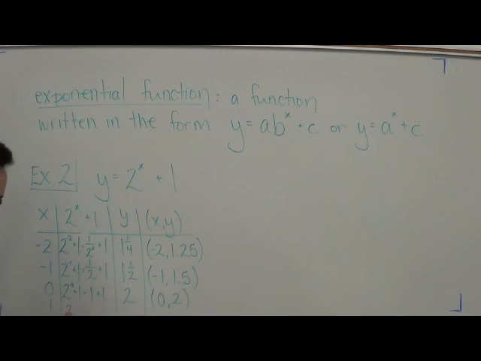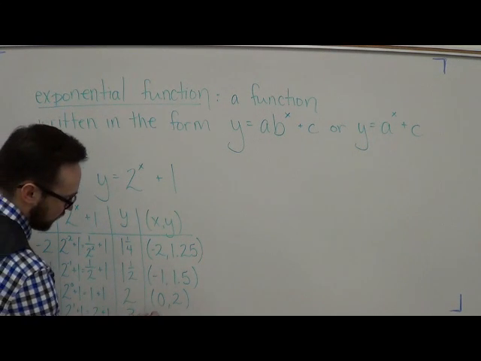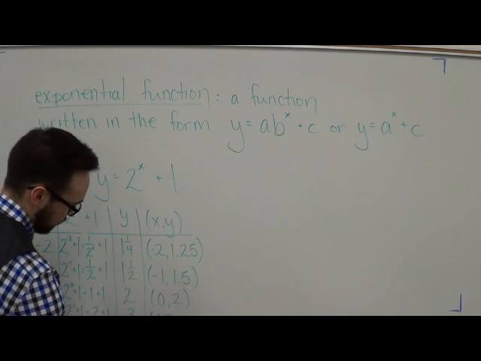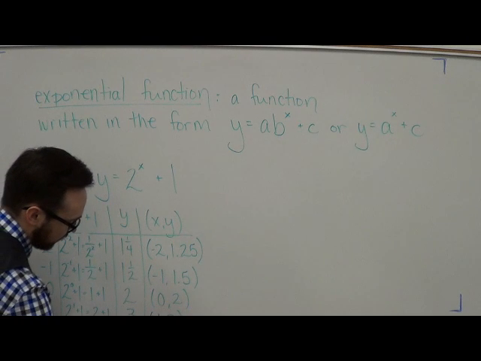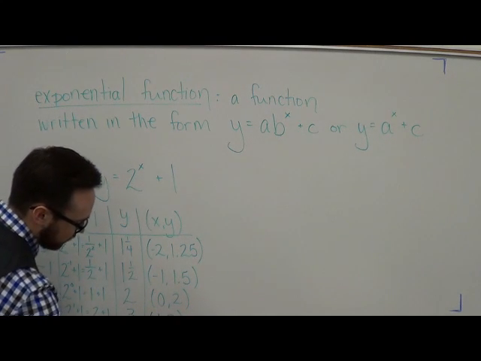2 to the first power is 2 plus 1 gives us 3. So then we have 1, 3 as a point. And then 2 to the second power is 4 plus 1, which gives us 5. So then we have the point 2, 5.